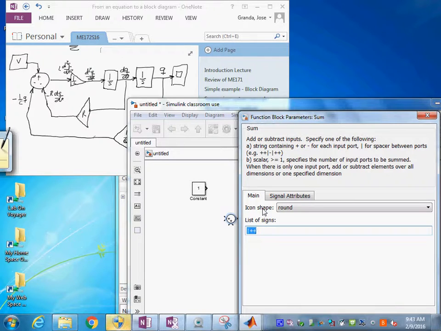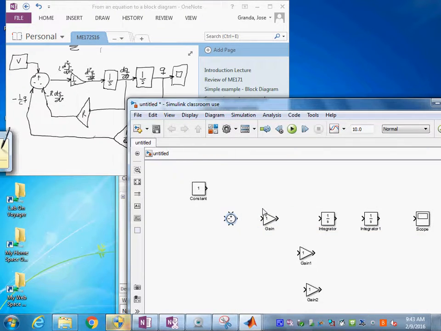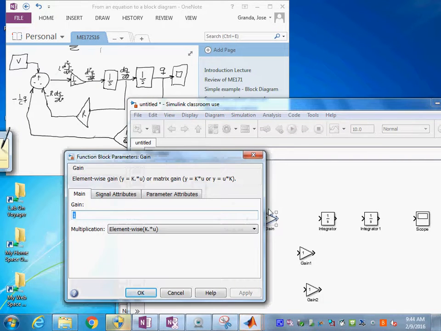This one in here, I want you to know that if you click and then you keep the control key and you click the next one, the computer automatically draws the connection. This one right here was 1 over L, right? And then you're gonna put the L in here, like that.